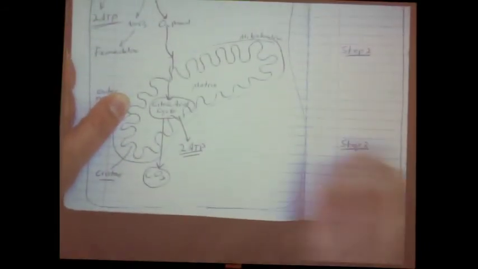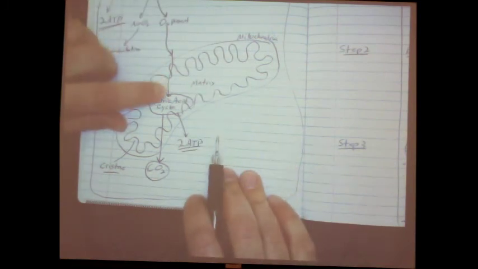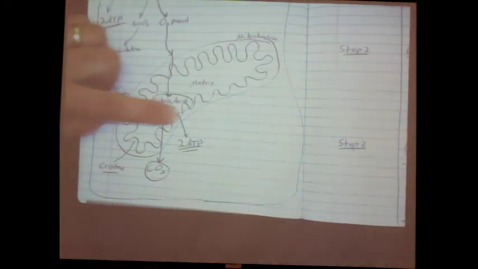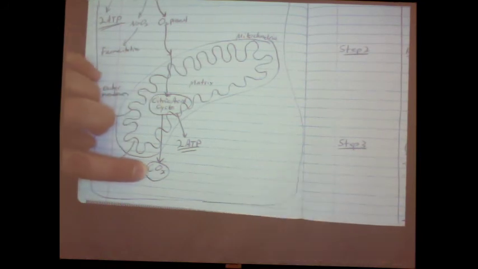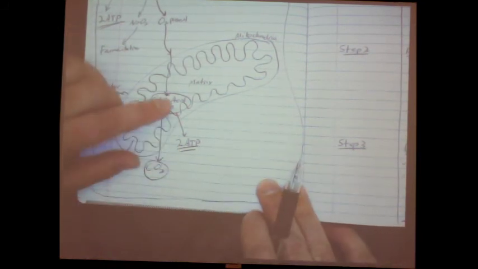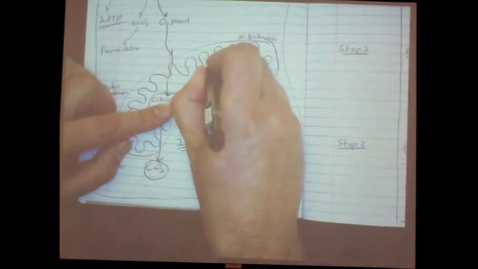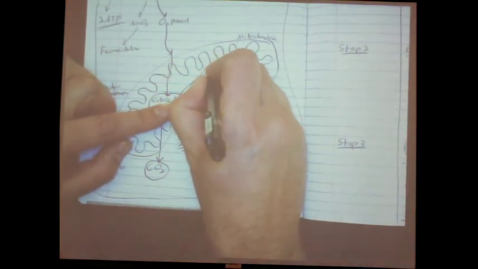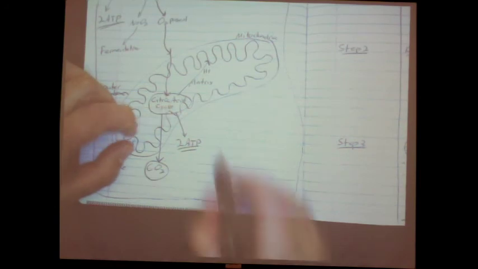So let's go back over to our picture. We have the pyruvic acid going into the citric acid cycle, breaking apart. The C's and the O's hook together and come out as carbon dioxide. 2 ATP is created. And then the hydrogen is going to move through the inner membrane.